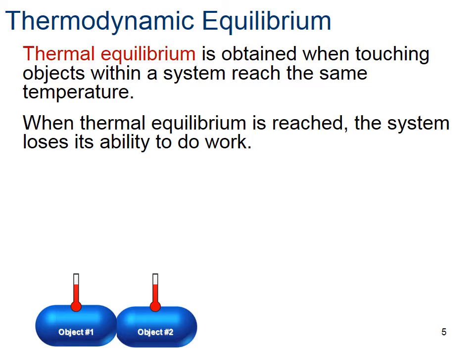That essentially is thermal equilibrium. When that happens, you lose any ability to do work. So in other words, if you have 2 objects that are at different temperatures, you can actually use that temperature difference to create work or do work.